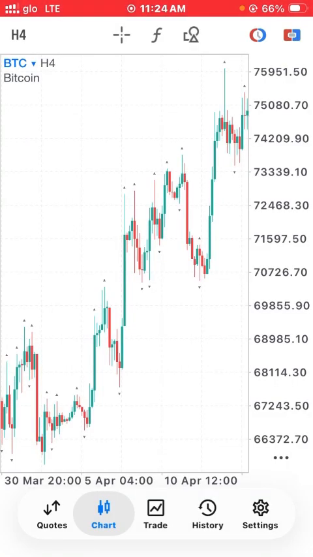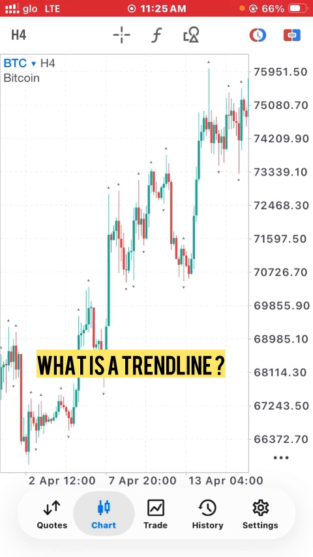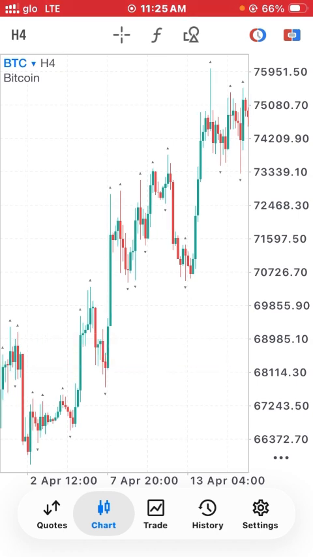So alright, for the purpose of this video, I'm going to first explain what trend lines are. So we are on MT4 right now, and I'm going to be showing you a real life example on how to draw a trend line. So first off, a trend line is simply a line that connects price movements to show direction. In an uptrend we have higher lows, and in a downtrend we have lower highs.